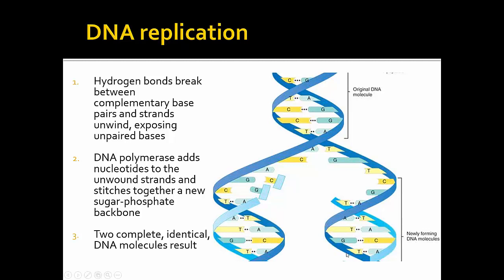Those were the complementary base pair sets, and so they just add the one that corresponds. So this one adds T to A, G to C, T to A, A to T, and this one adds A to T, C to G, A to T, T to A. And what you see is that these two now are completely identical. So the DNA is perfectly replicated.